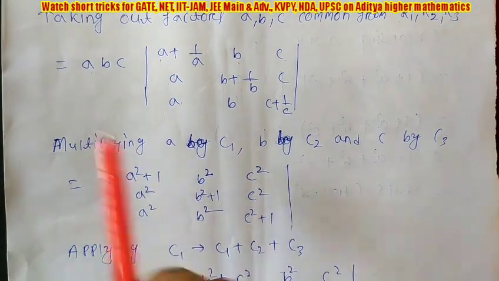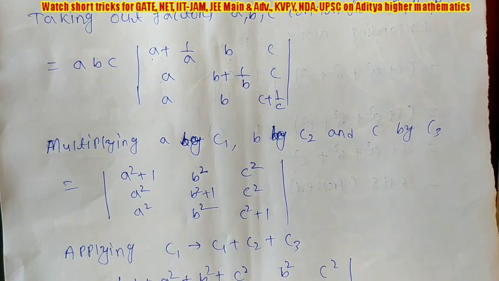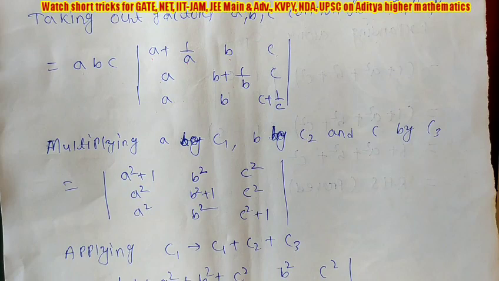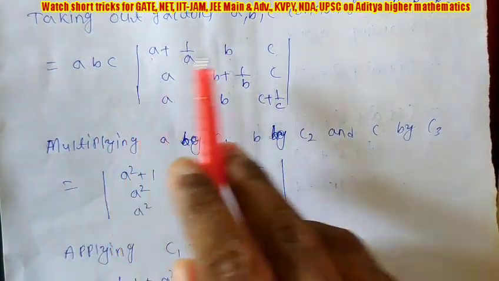So do the same thing. And in a determinant I told that if you want to take common, you can take it from any row or column, from a single row or column only, not the whole determinant. Similarly, if you are multiplying one element with a determinant, you can multiply with any row or column. So I am multiplying A with the first column, B with the second column and C with the third column.